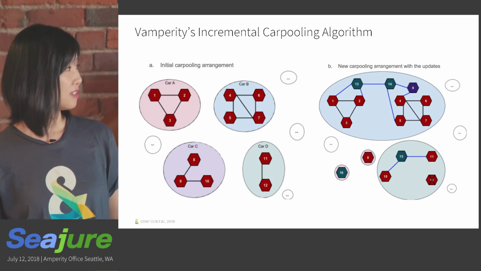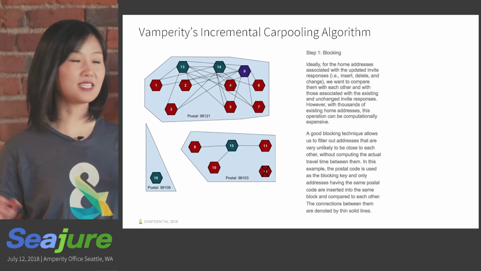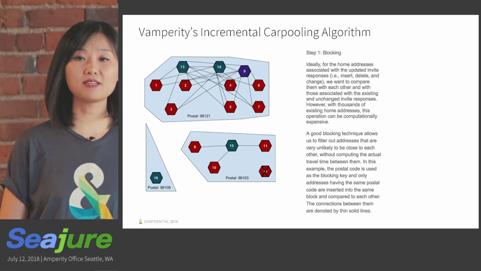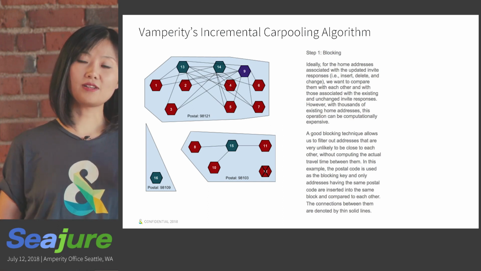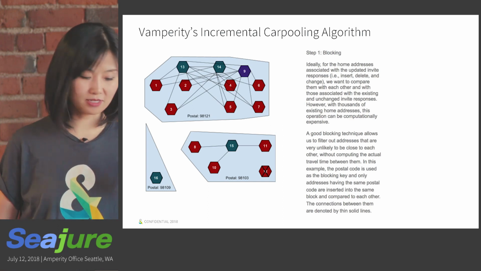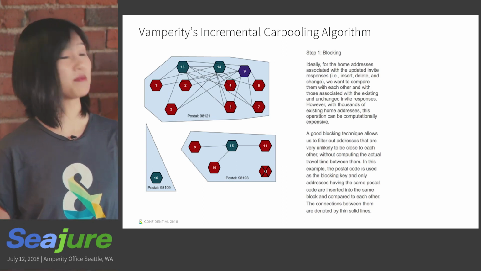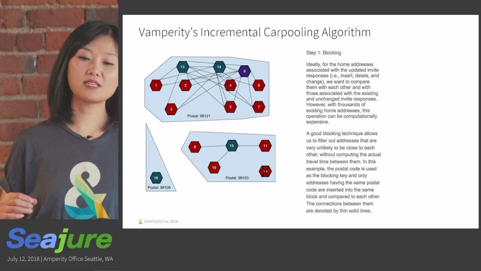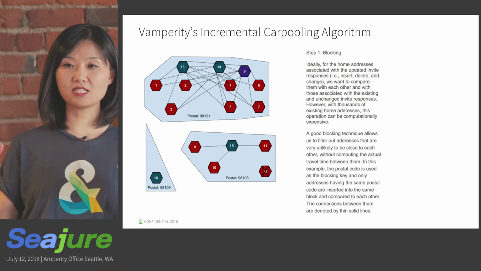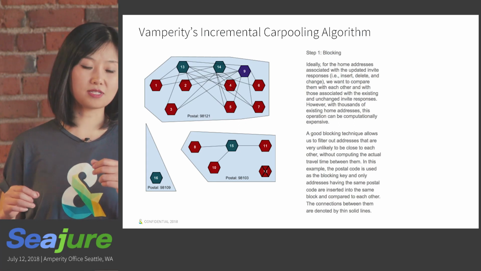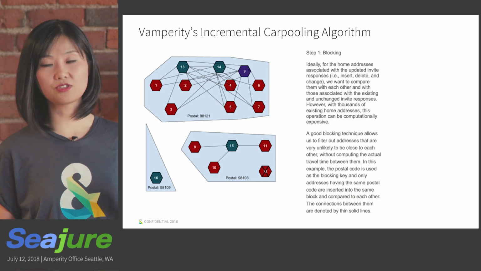So yes, the first step will still be blocking after you clean the data. Blocking basically just groups the records into blocks, with records that share the same properties together. But for this incremental algorithm, instead of creating all the pairs inside each block, we only focus on the pairs that are related to the updates.